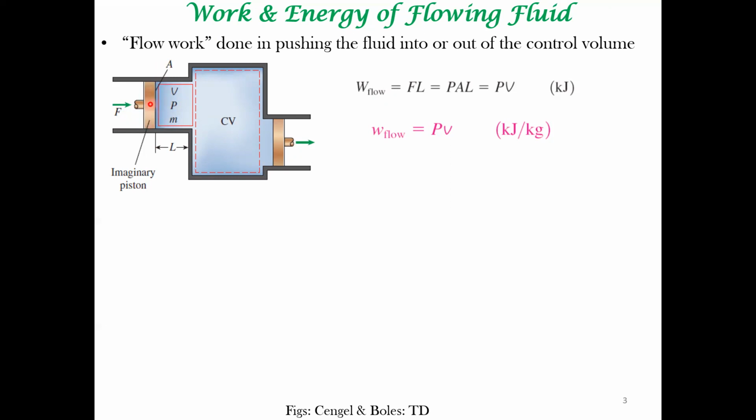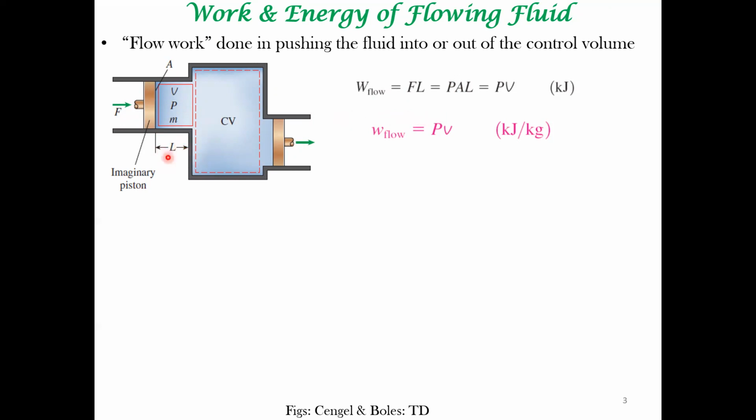This imaginary piston is also a fluid element, and it is pushing against this mass of fluid. The force involved is pressure times the cross-sectional area. And then the work done is force times distance, right?